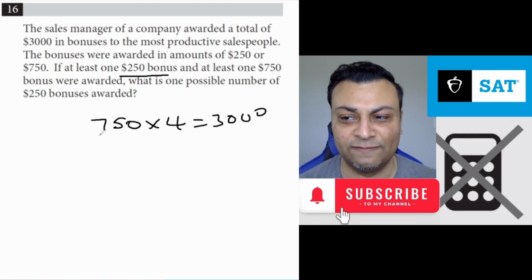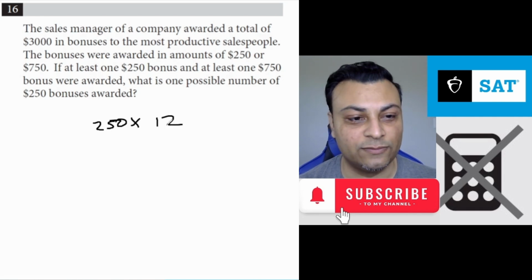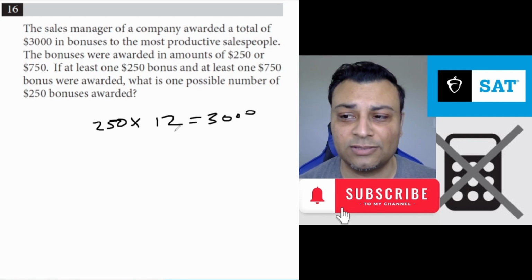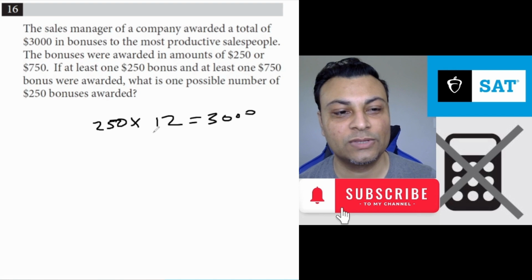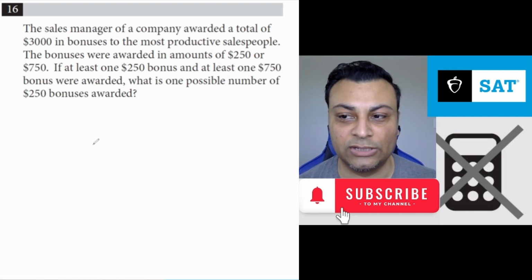So you can't just do 750 times 4 and then there isn't a single $250 bonus. Also, the other way is 250 times 12, because times 4 is 1,000, and then times 3 from there is 3,000. This is also 3,000, but this is not possible because this way does not involve a single $750 bonus being awarded. So it's not these extremes.